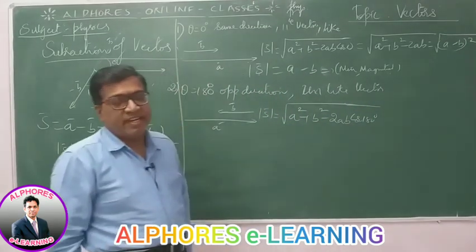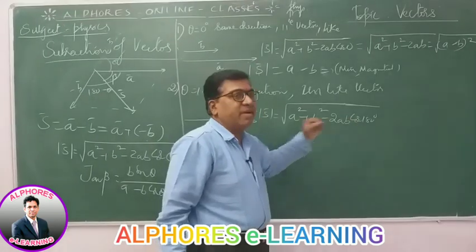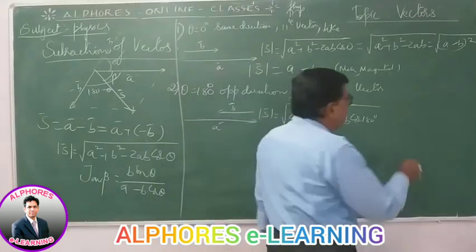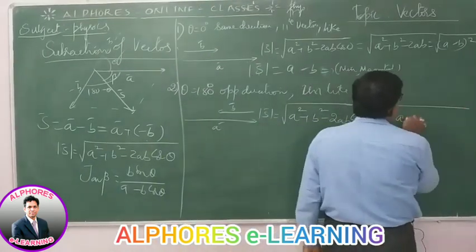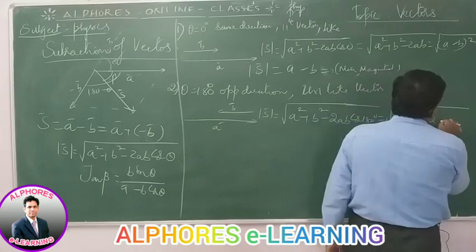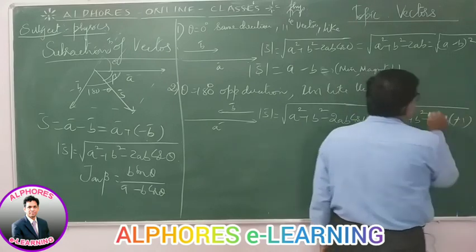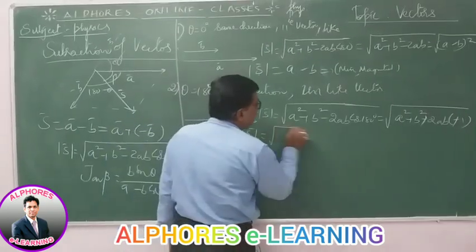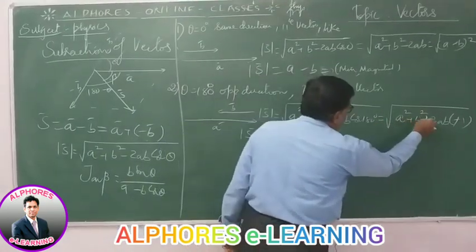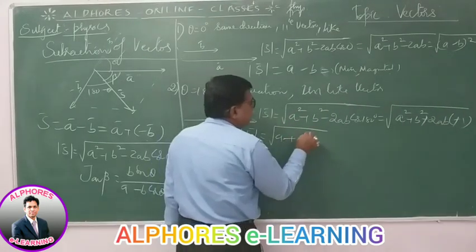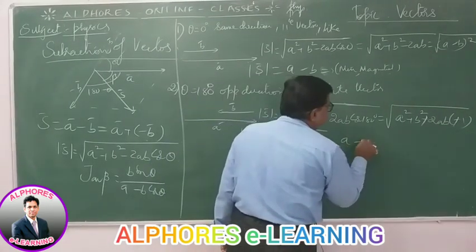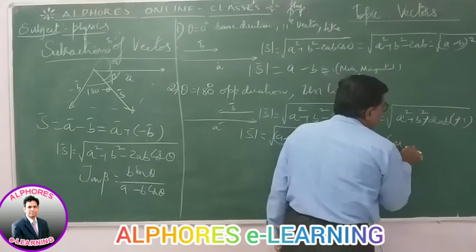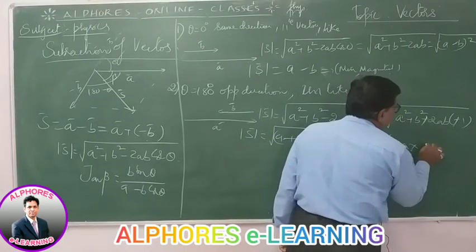Cos 180 is minus 1, and minus of minus gives plus. So it is root of A square plus B square plus 2AB, which is A plus B whole square, so I get A plus B. This is the maximum resultant, the maximum magnitude.